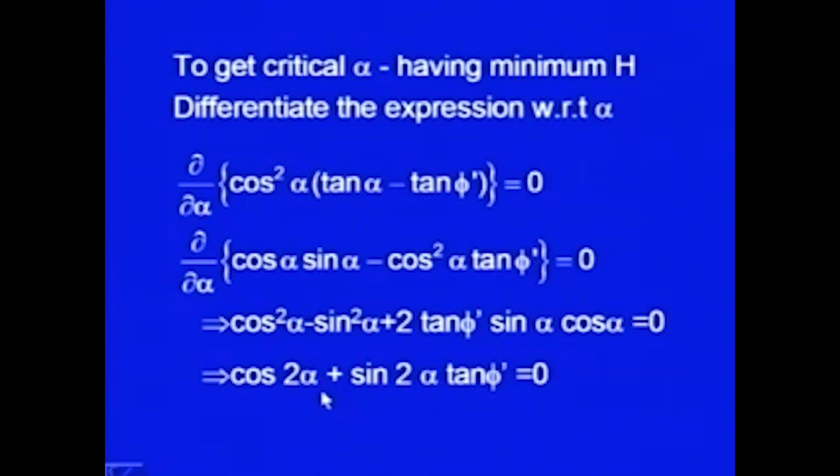I can now simplify it. Cos 2 alpha is equal to cos square alpha minus sin square alpha. So, replace this term by cos of 2 alpha, and here 2 sin alpha cos alpha is again sin of 2 alpha, into tan of phi dash, equal to 0.